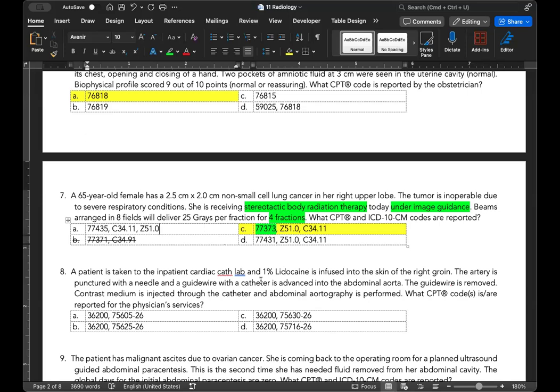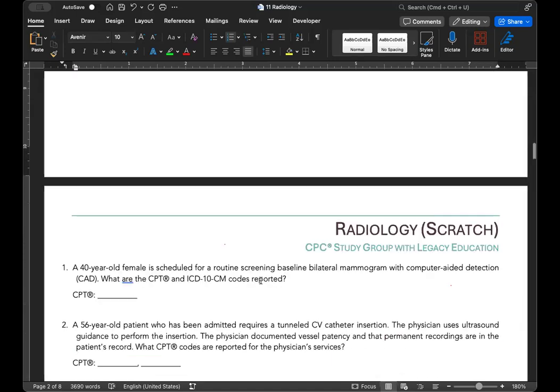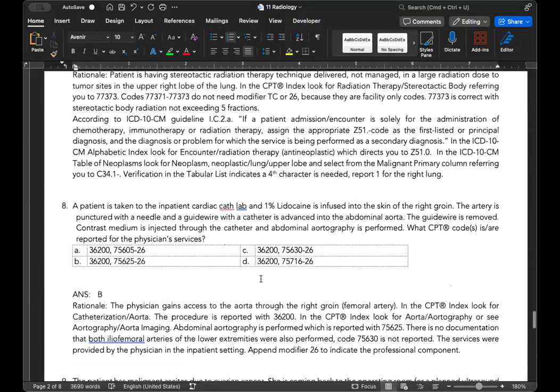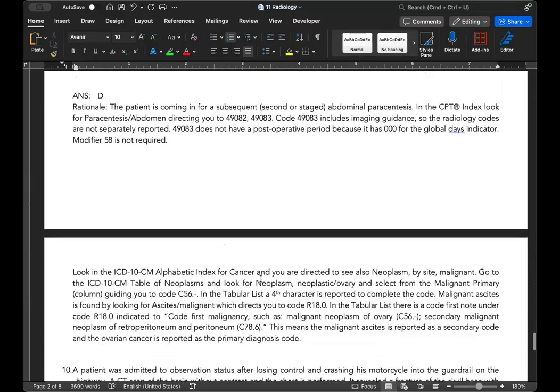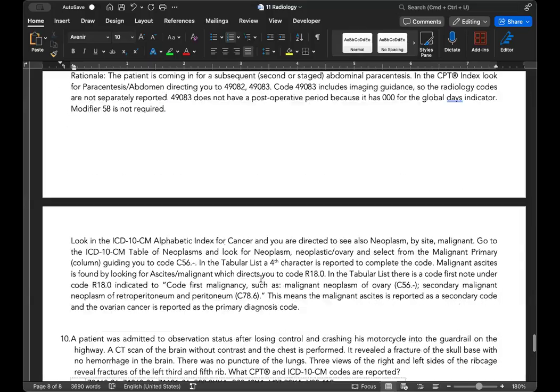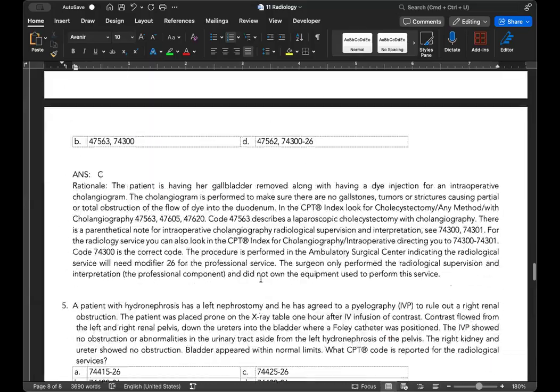Okay. So again, questions 8, 9, and 10, you guys can walk through them on your own. On the Google Drive, your answers are down at the bottom, along with the rationales. If you have any questions on those whenever you get to them, don't hesitate to put them in the Discord channel.